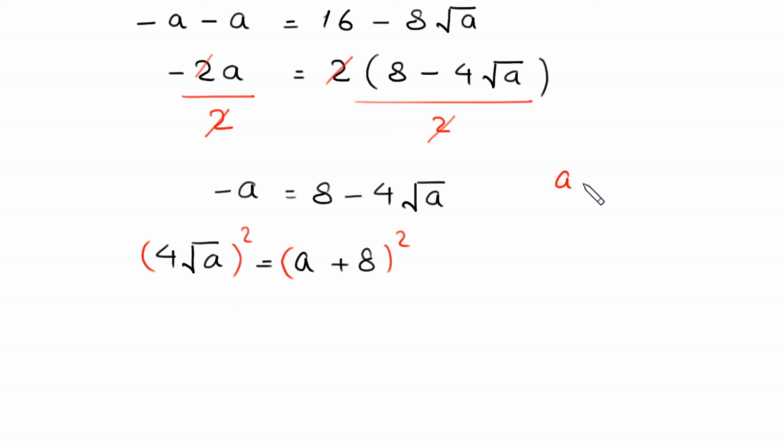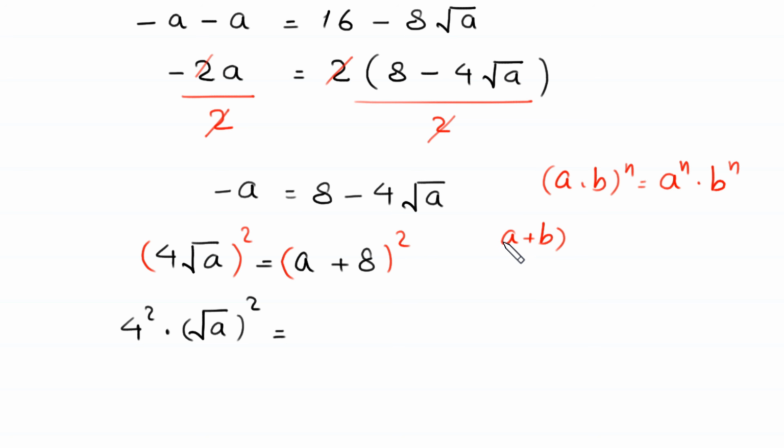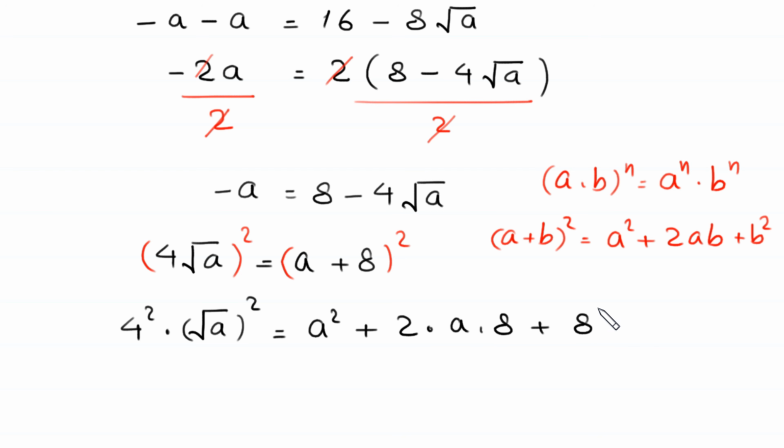So by using this power rule, (a times b) whole to the power n is equal to a to the power n times b to the power n, this (4 times root a) whole to the power 2 will become 4 squared times root a squared is equal to, by using this algebraic identity, (a plus b) whole squared is equal to a squared plus 2ab plus b squared, this (a plus 8) whole squared will become a squared plus 2 times a times 8 plus 8 squared.